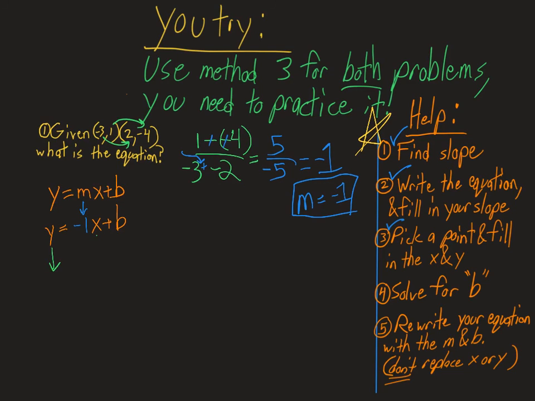So I'm going to pick either point. Now, depending on what you picked, I might not pick the same point. It's okay. We're still going to come up with the same b in a minute. Doesn't matter. All points on this line will give us the same intercept if we do the work right. I'll pick the first point here. You might have picked another one. That's okay.